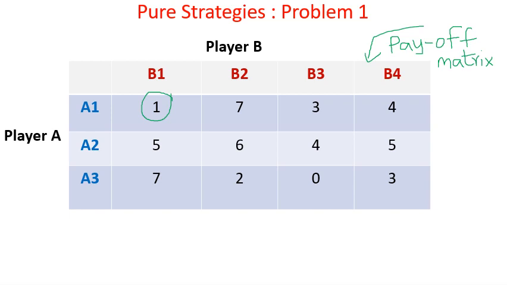There is a 0 here, which means if A selects A3 and B selects B3, the payoff is 0. A doesn't gain anything nor lose anything. Similarly, B also doesn't gain or lose anything. All other values are positive, which means all are gains to player A only, which means they are losses to B. Correct?